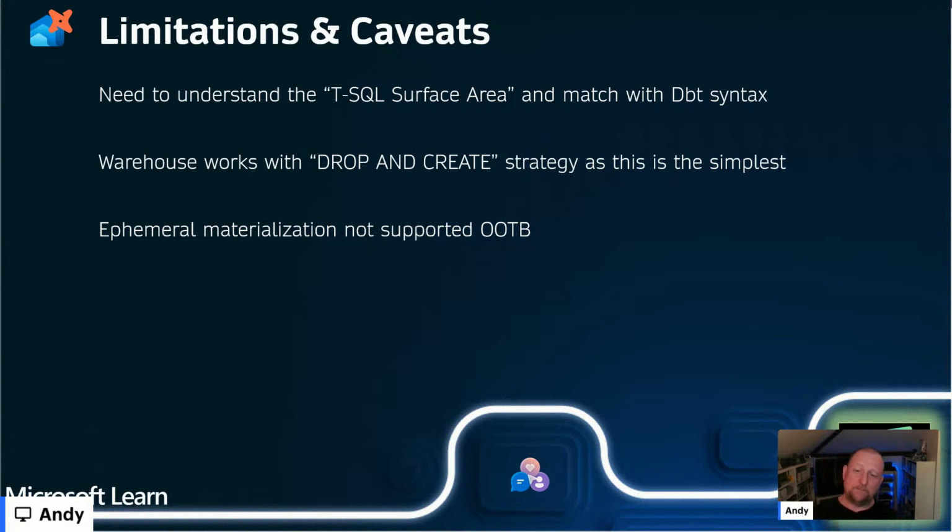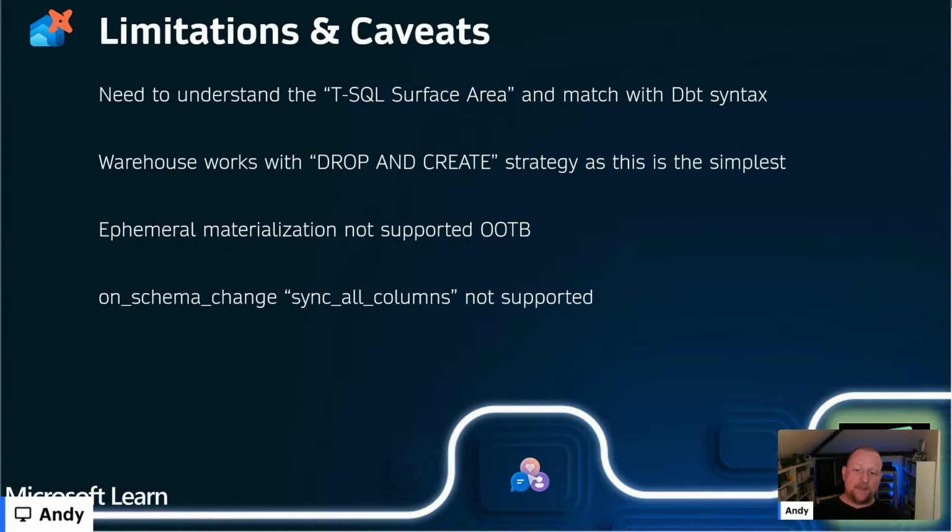I'm just keeping it in there for the time being. Ephemeral materializations use nested CTEs, nested common table expressions, which the Fabric Warehouse, as of I think a week or a couple of weeks ago, didn't support, but it's in preview.